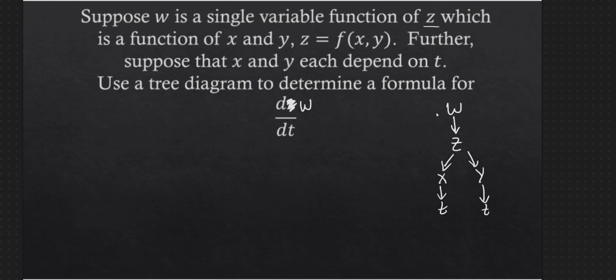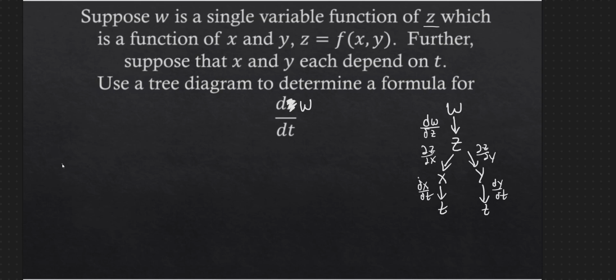W is a single variable function of z, so this is dw dz, and then z depends on x and y, so this would be partial z, partial x, and then x is a single variable function of t, so that would be dx dt. And similarly over here, I would have partial z, partial y, and dy dt.